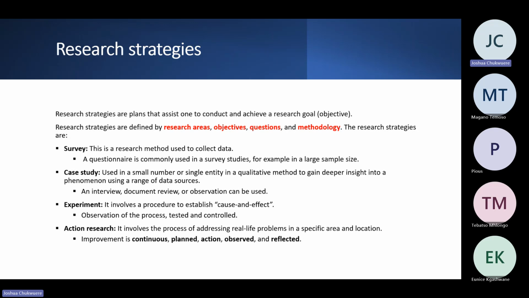We have action research, which involves the process of addressing a real life problem in a specific area or location. So if your study involves addressing a specific issue in a particular place, action research can be suitable because it involves a continuous cycle of plan, action, observe, and reflect. This is a problem we want to solve.